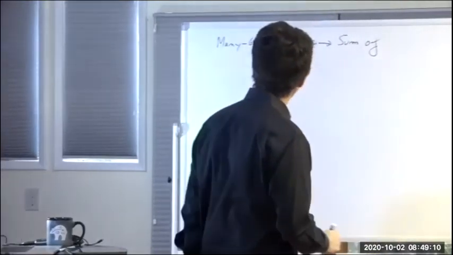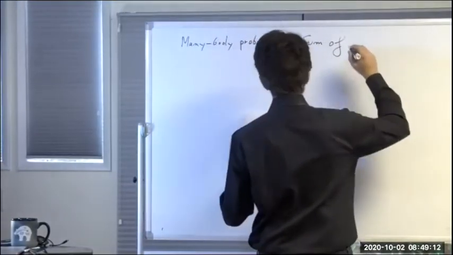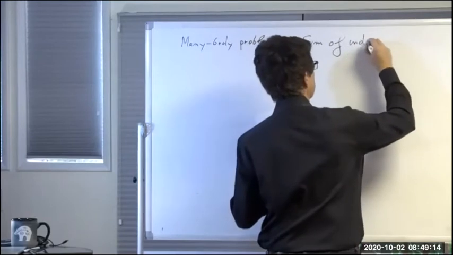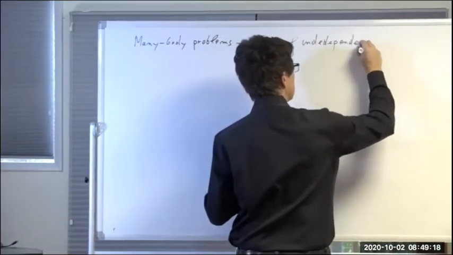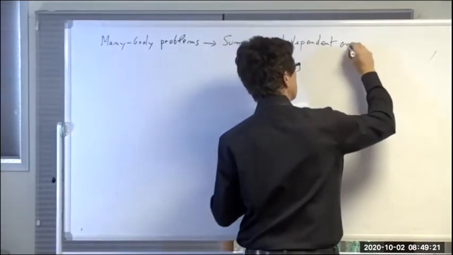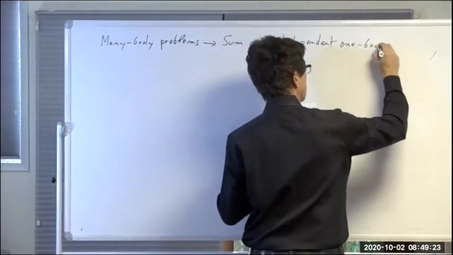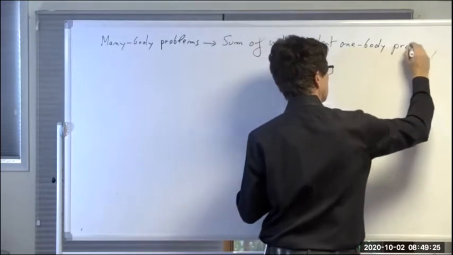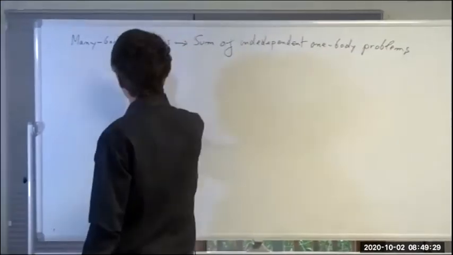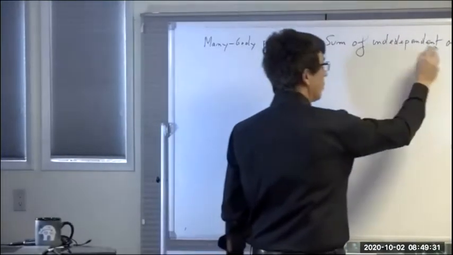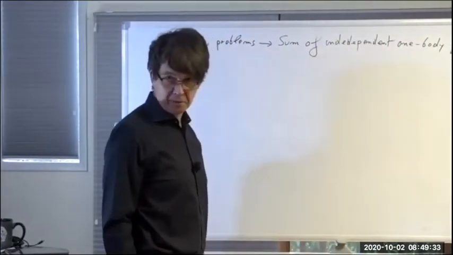So when the many body problem is the sum of independent one body problems, you could also read this simply as many degrees of freedom, where the degrees of freedom do not interact.